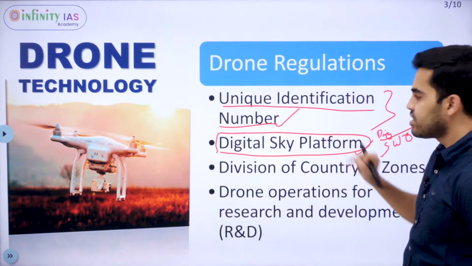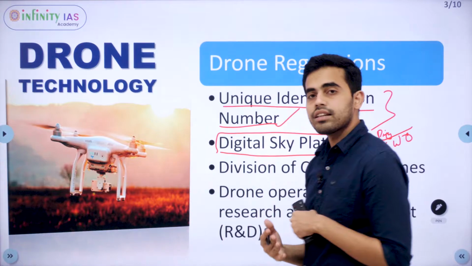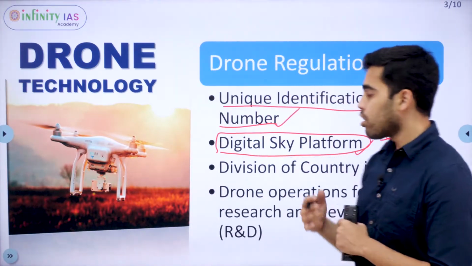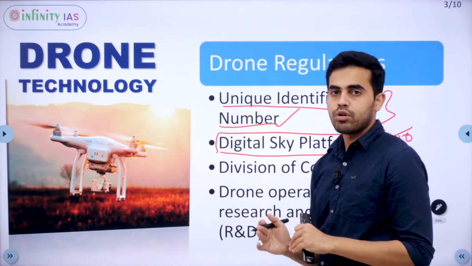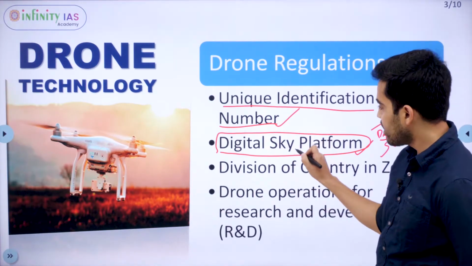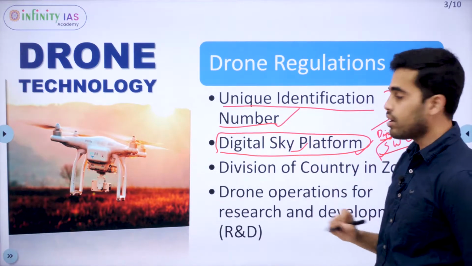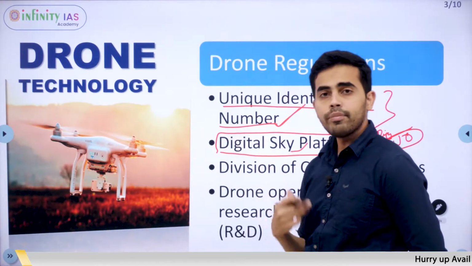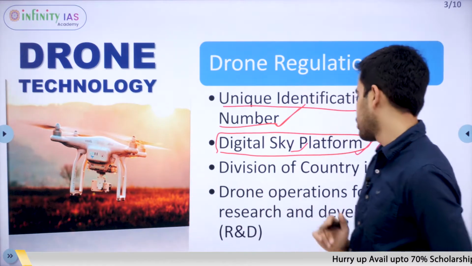There are certain rules, such as only people above 18 years can operate drones, or they should have a certain minimum qualification to operate certain classes of drones. Upon qualifying, they can register on the Digital Sky platform and get a unique identification number. So the government is trying to regulate, and at the same time encourage, the use of drones.